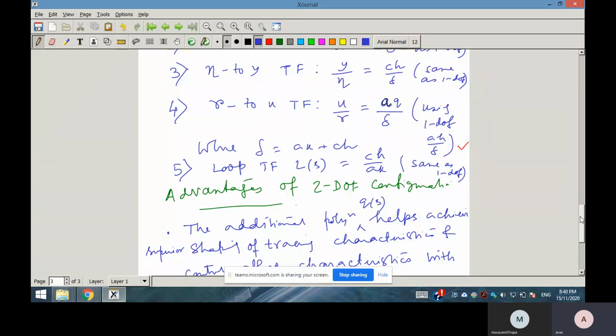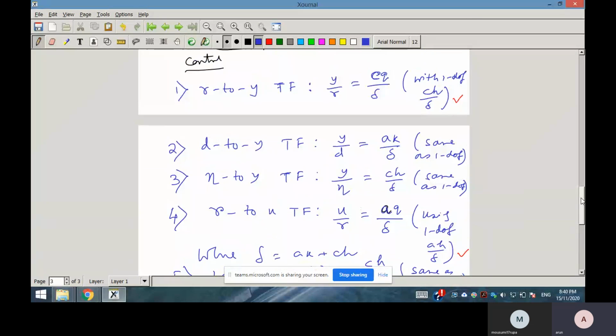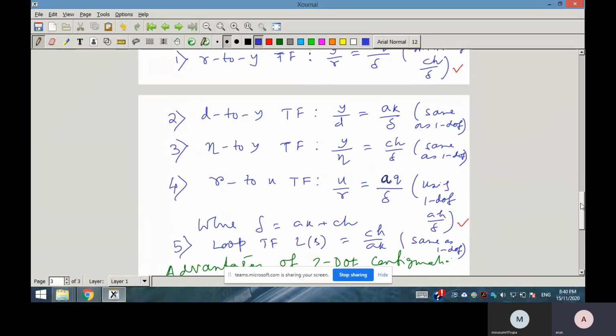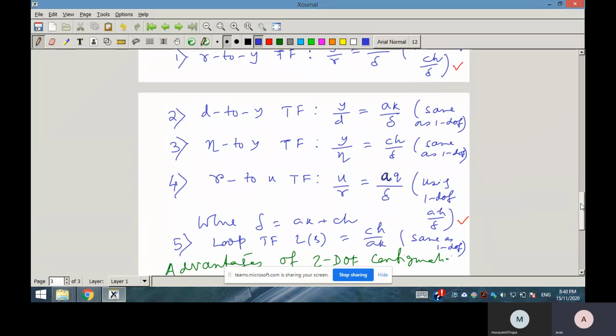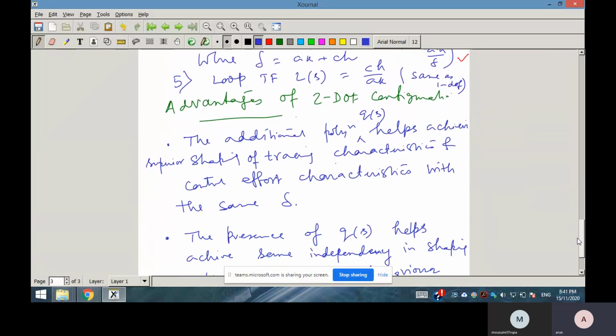This means loop characteristics remain the same, but for the reference input to output characteristics and reference input to controller output characteristics you can have some independency in case of 2 degree of freedom control, because of this presence of the Q polynomial.